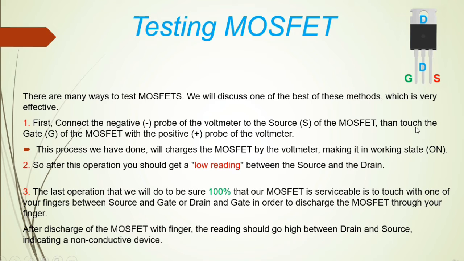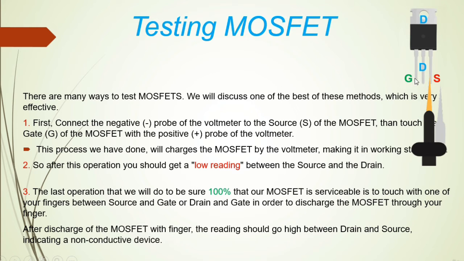Then touch the gate of the MOSFET with the positive probe of the voltmeter. So we have here the source, so we connect the negative probe of the voltmeter to the source, and then use the red probe and touch the gate terminal.